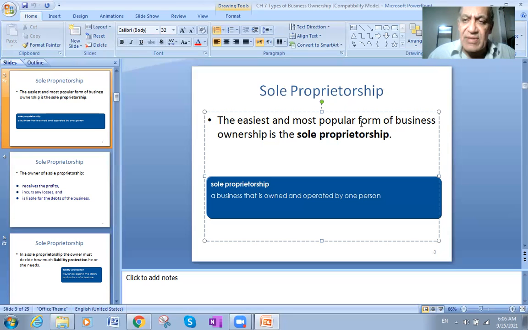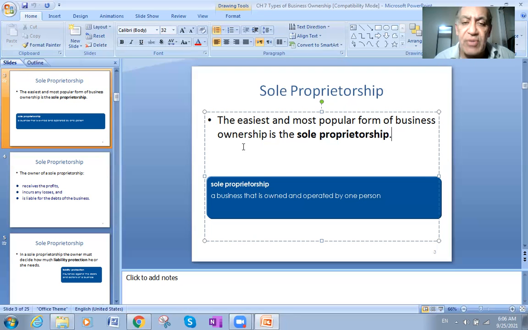That does not mean that I will exempt him from the 80,000. I will take from him the 80,000. We call this unlimited liability. The word unlimited liability means I cannot disconnect between what he owns and what the business owns. All are one. Mix it together, both of them.